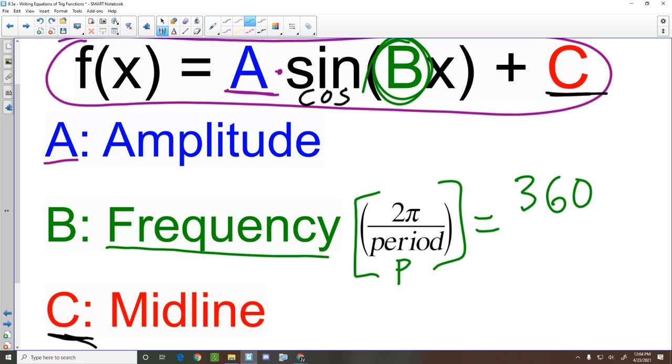That's exactly right. So just based on your units on your x-axis, if it's in radians, use 2 pi divided by the period. If it's in degrees, we use 360 divided by the period to get b, this coefficient that goes with the x. All right, so make sure you add that in.